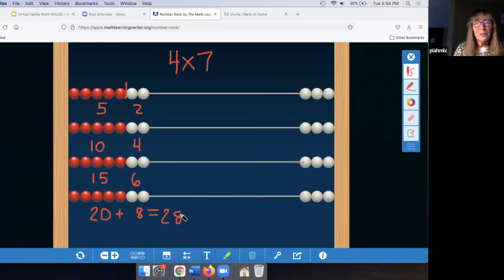So this app will allow you to do up to 10 rows of 10, which would be all the multiplication facts that our children are expected to have strategies for. But again, taking apart 7, which for me was very hard as a child, 7s and 8s were difficult. But I love that they can build it out as 5 and 2, and then it's very accessible.